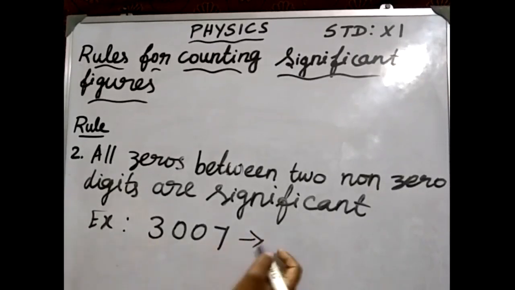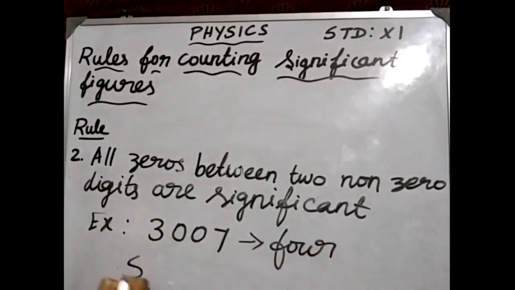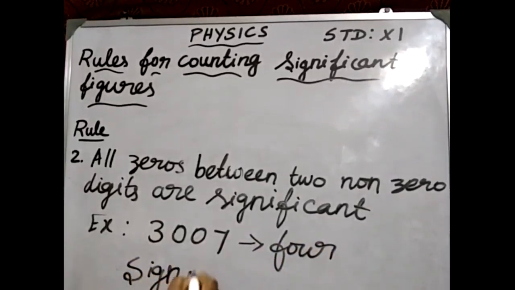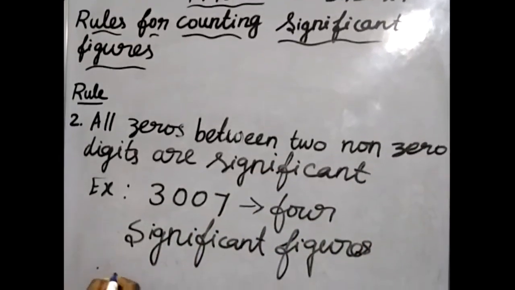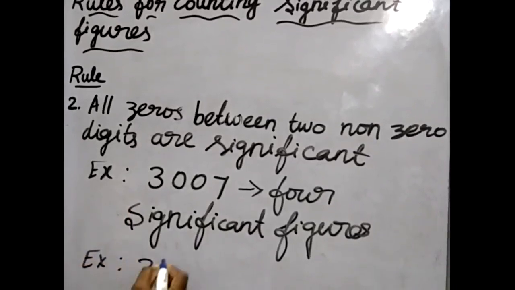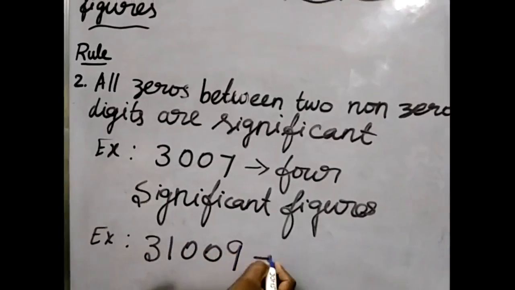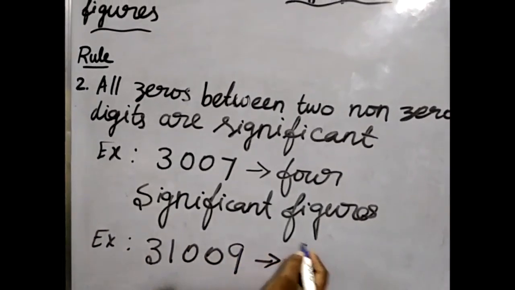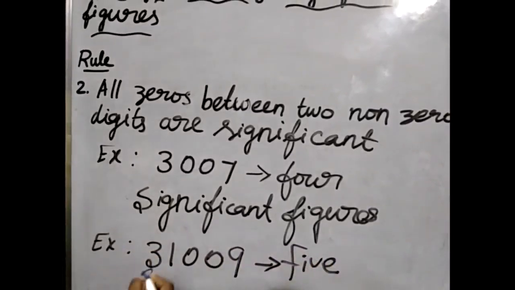So this number has 4 significant figures. One more example, 310009. This one has 5 significant figures.